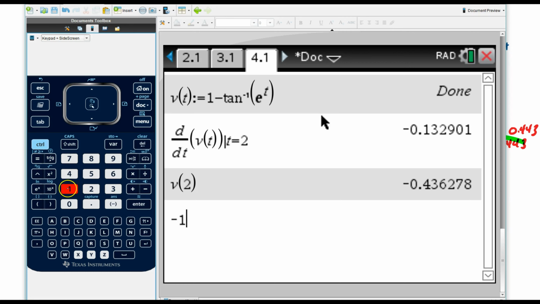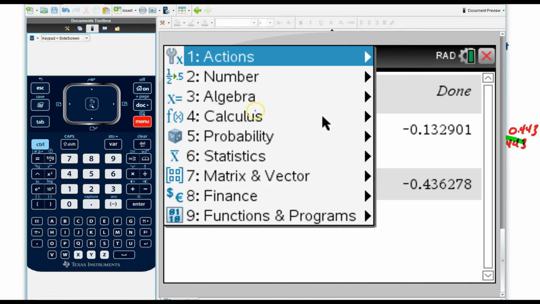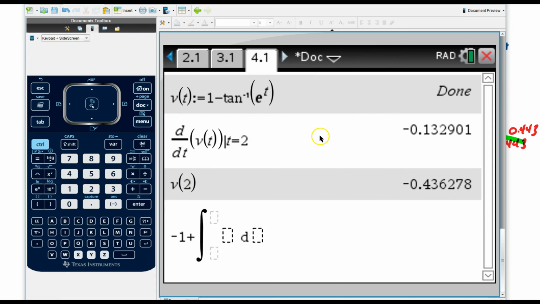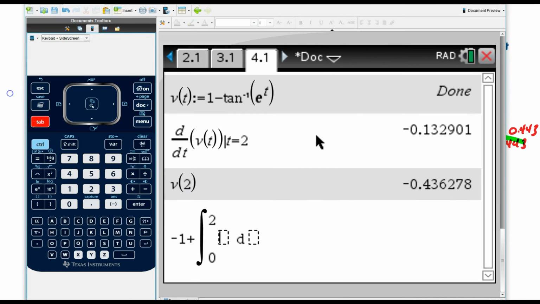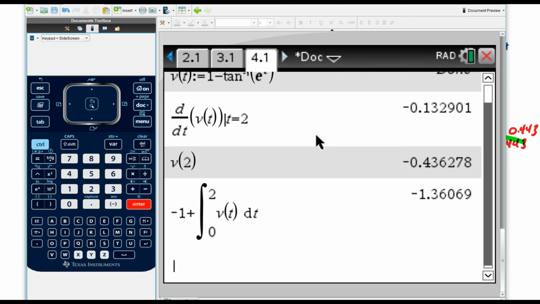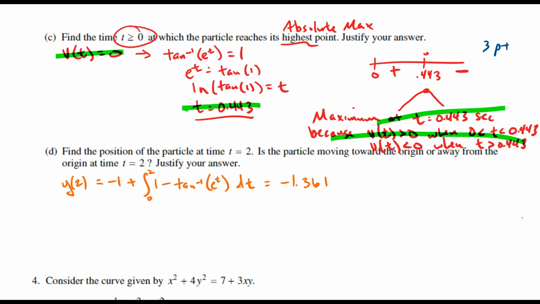So we have -1 plus the integral from 0 to 2 of v of t dt, and I get -1.361 if I round that. Find the position of the particle at t equals 2, so there's my position, okay? And then, is the particle moving toward the origin or away from the origin at 2 seconds? Justify your answer.